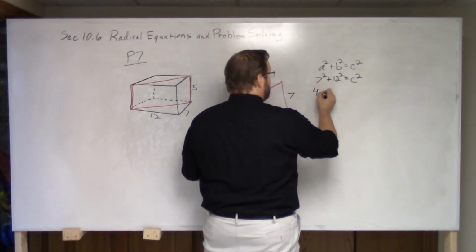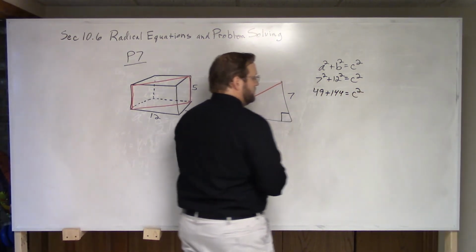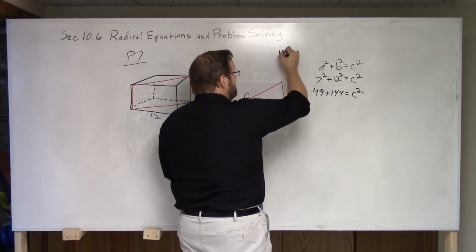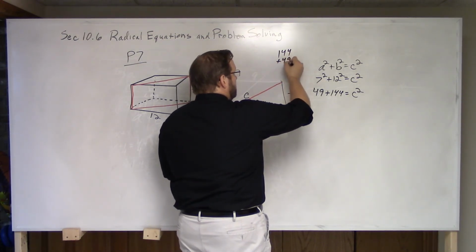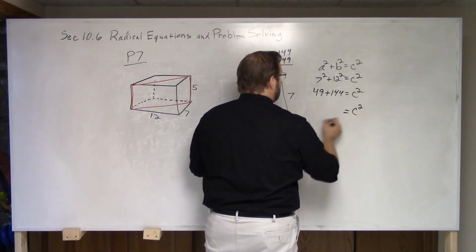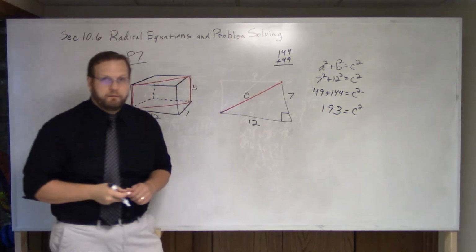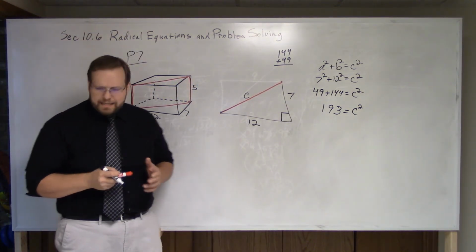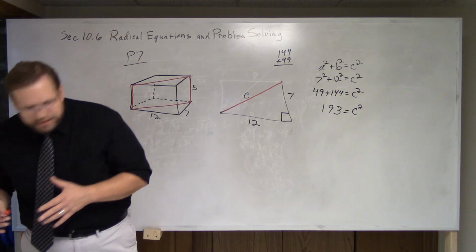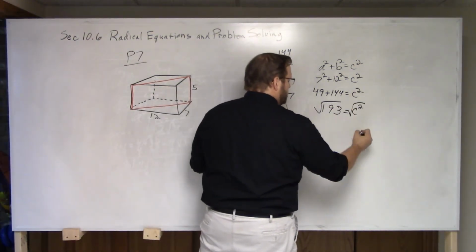That's 49 plus 144. And then again, if you need, you can do this, okay? But you've got c squared equals 193. Okay? Now, when you have that c squared equals 193, we're not done. We need to finish it up by taking the square root on both sides.